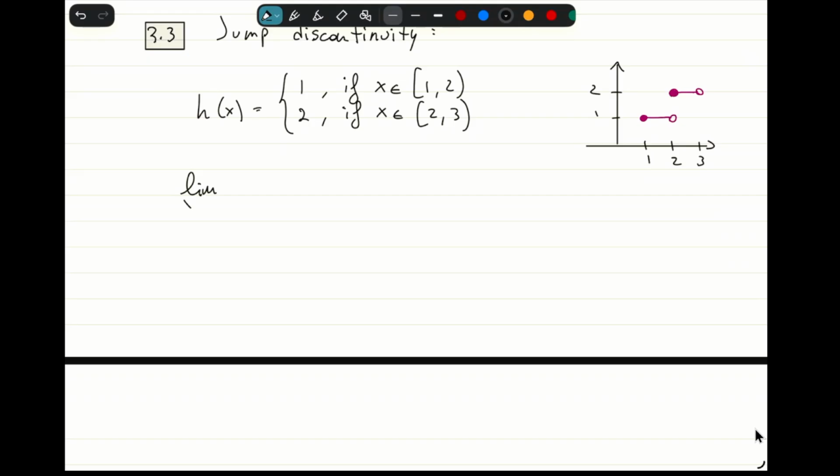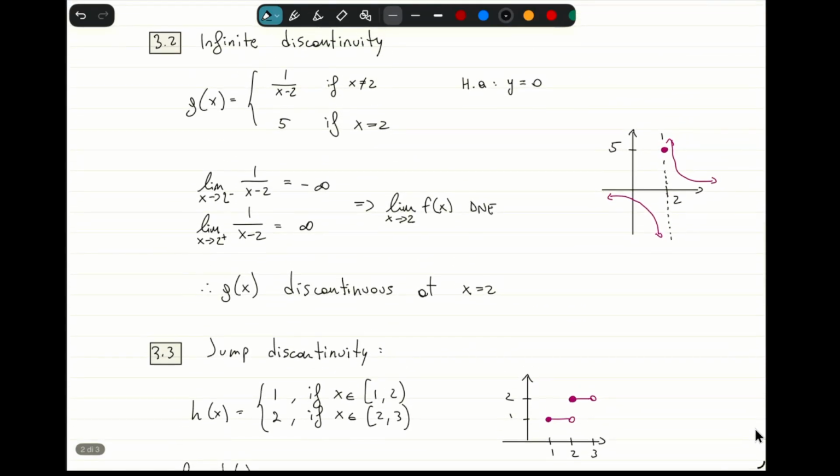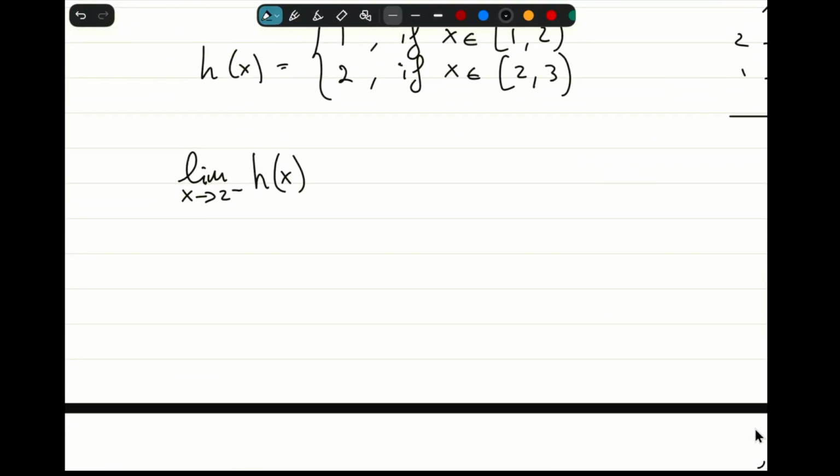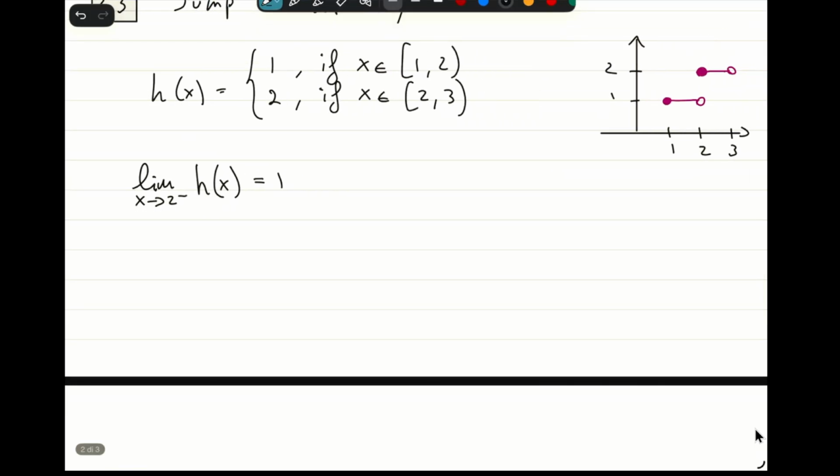The limit as x approaches 2 from the left of h of x. Did I write g of x here? Oh, okay, there you go, g of x. Correction. So h of x will be equal to 1, because as we approach 2 from the left, we're gonna have 1.